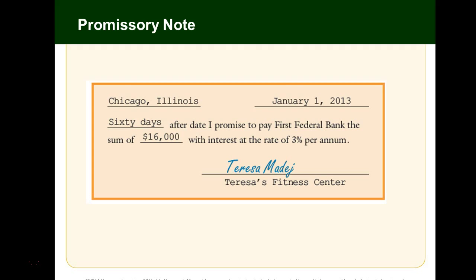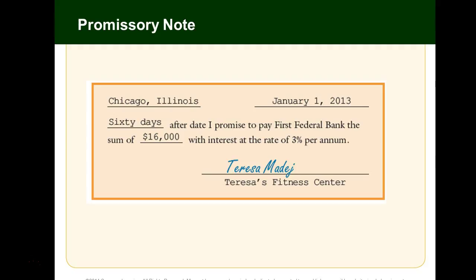Here's an example of a promissory note. It's pretty straightforward. It has the date and the time, 60 days. Who do I promise to pay? First Federal Bank. How much? The sum of $16,000 with interest of 3% per annum. Who's involved? Teresa's Fitness Center and First Federal Bank.